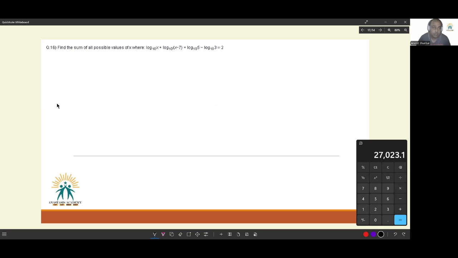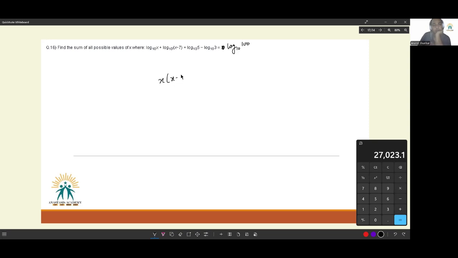Next, find the sum of all possible values of x where the given equation holds. Okay. Right now, a cursory glance tells us this is in base 10, this is in base 10, this is in base 10, this is in base 10, this is an absolute value. Let me turn it to base 10. Log 100 to the base 10. Done. So we will have how much?